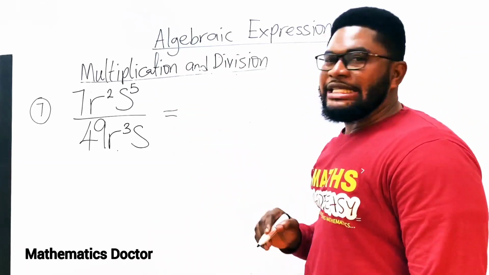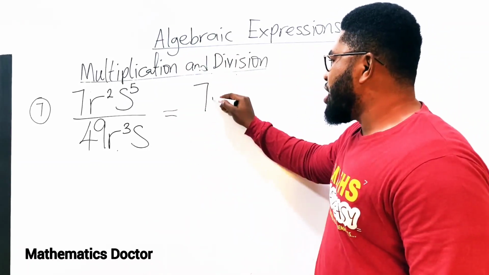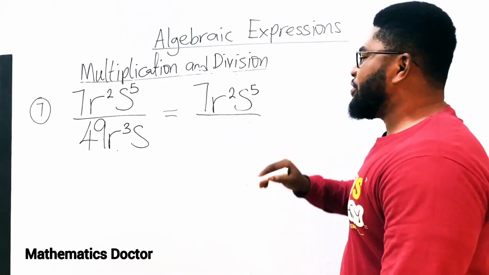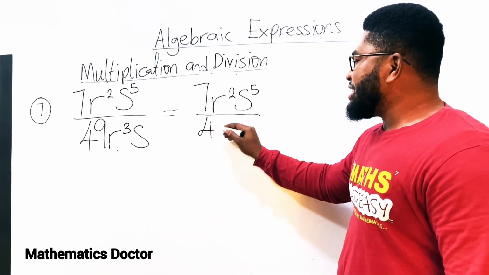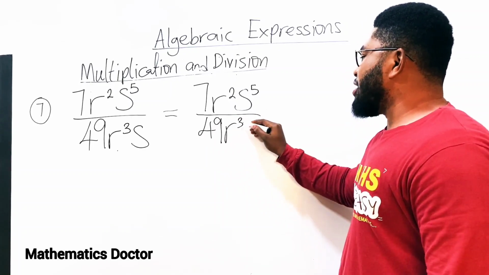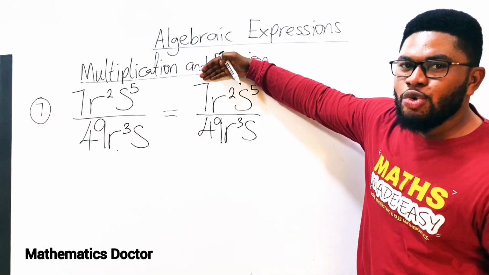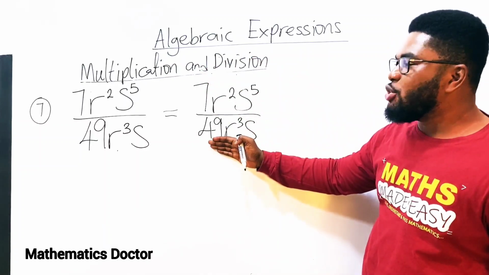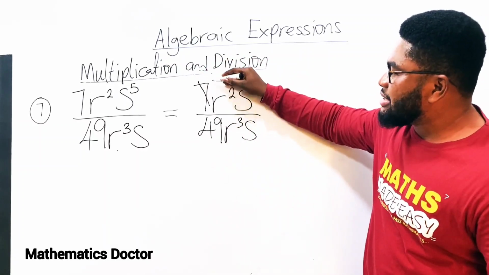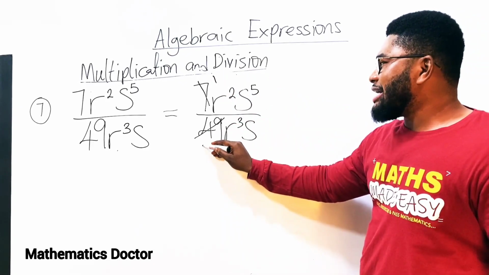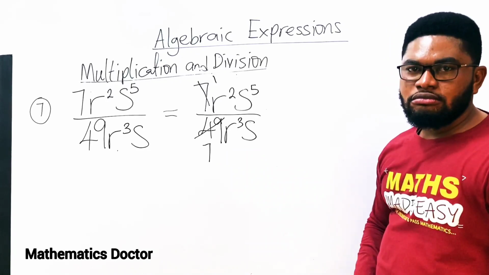So we rewrite the question as 7r raised to the power 2 s raised to the power 5 all divided by 49 r raised to the power 3s. Checking the coefficients, I have 7 at the numerator and 49 at the denominator. So 7 being the least goes into itself 1 and cancels 49 at 7.